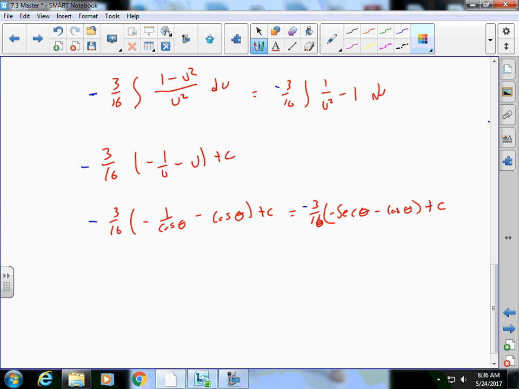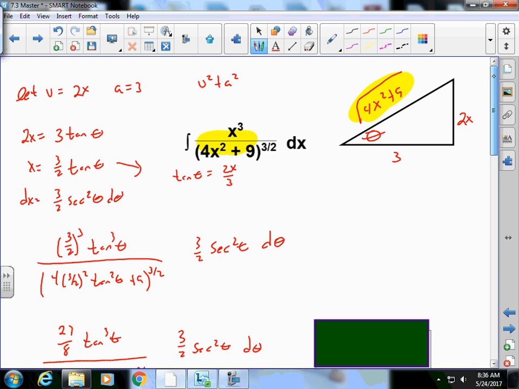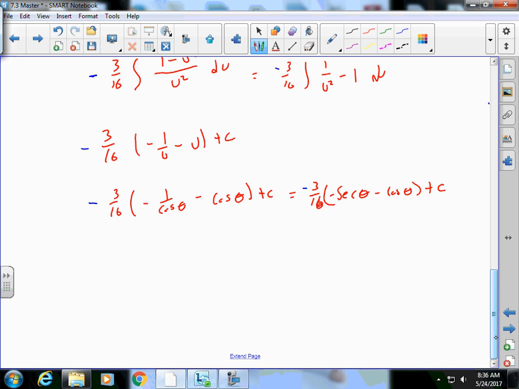Now that we have it, we can go back into our triangle, which hopefully we drew up here, and do a substitution to find out what is secant theta and what is cosine theta. So our final step should be negative 3/16 times the opposite of the square root of 4x squared plus 9 all over 3 minus 3 over 4x squared plus 9 plus a constant.